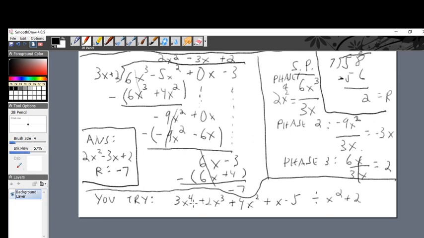Now, this goes from 4 to 3 to 2 to x to the 1. There's no gaps. You don't have to worry about filling any gaps. So that's no problem. Now, what if they tried to play a trick on you, and they put the 2x cubed first, and then the 3x to the 4th second?